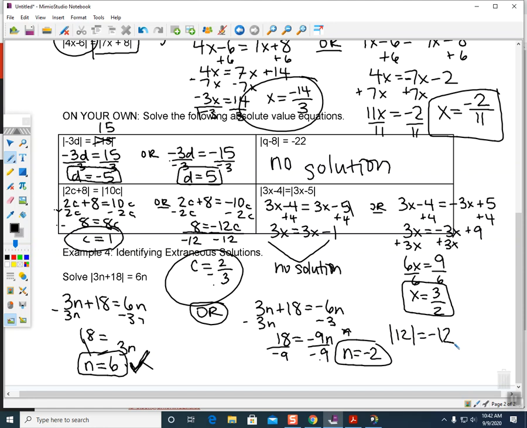Is that true? The answer is no. No, that is not true. Right? This is not a solution. n equals negative 2 is not a solution to my problem. The only solution that I have for this equation is n equals 6. That's the only one that works. And that is all for 1.4.